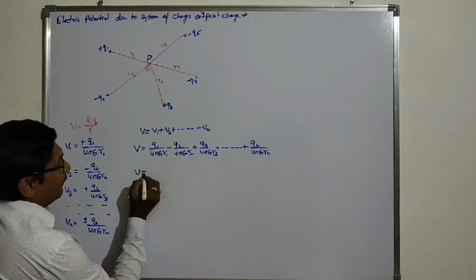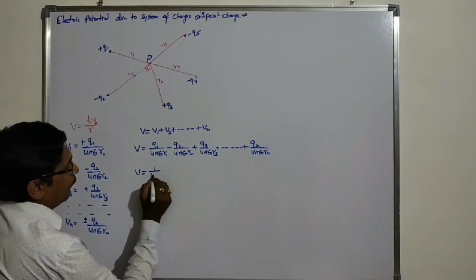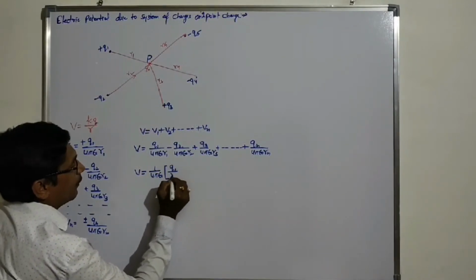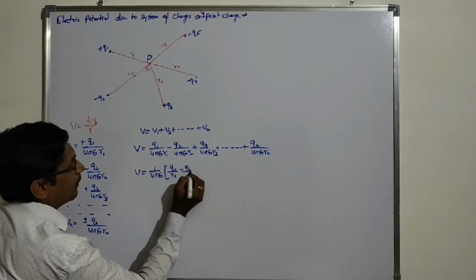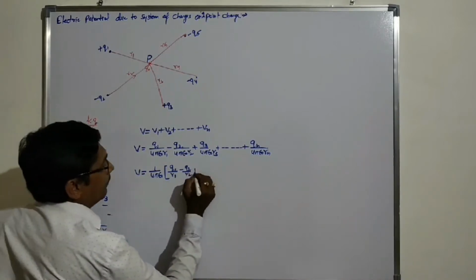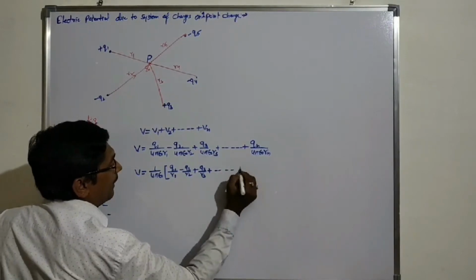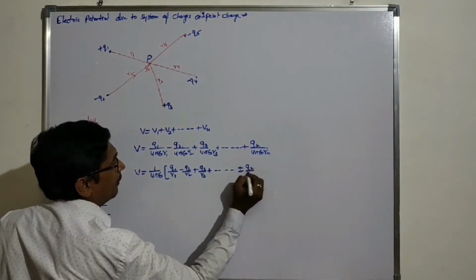Now we can take 1 upon 4 pi epsilon 0 common from this side. So Q1 upon R1 minus Q2 upon R2 plus Q3 upon R3 up to maybe plus or minus Qn upon Rn.